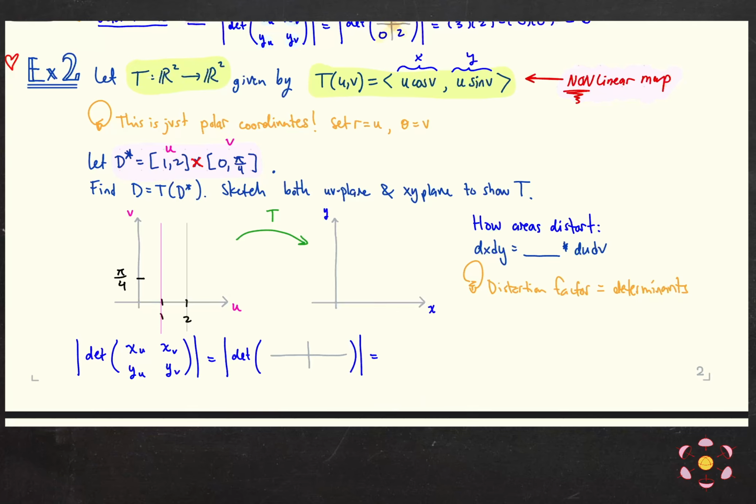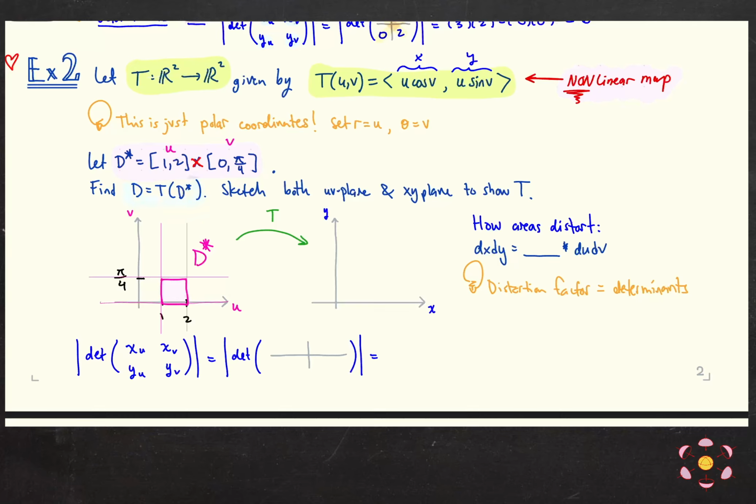Same comment about v's: v's are going from 0, so that's going to be the u-axis, and then to pi over 4. So what we get is this rectangle. Let me draw it thicker. I've got basically 4 sides right here of the rectangle, and this is what we're going to call D star.